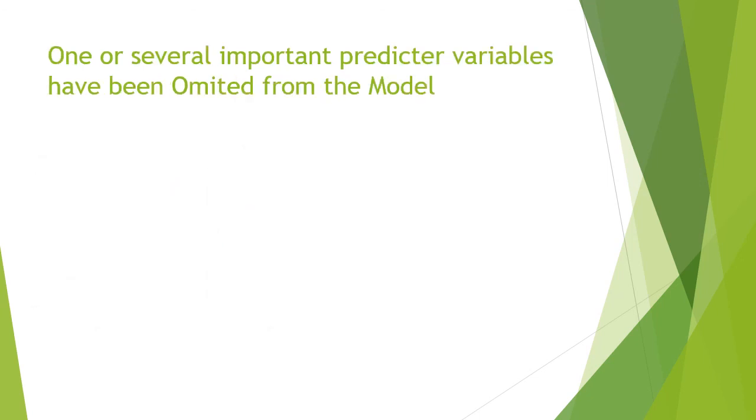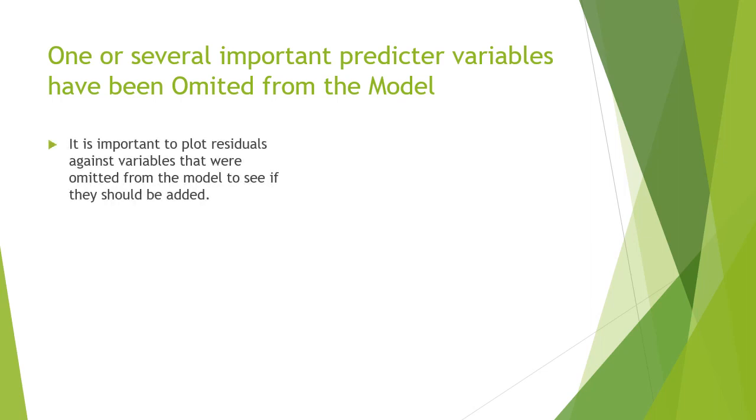The final thing that residuals can help us to see is when one or several important predictor variables have been omitted from the model. It is important to plot residuals against variables that were omitted from the model in order to see if they should be added to improve the model.